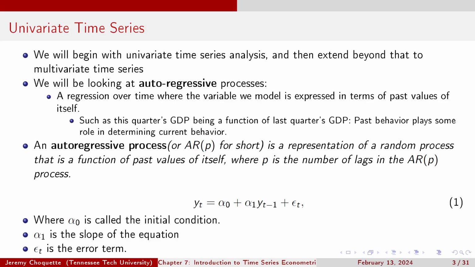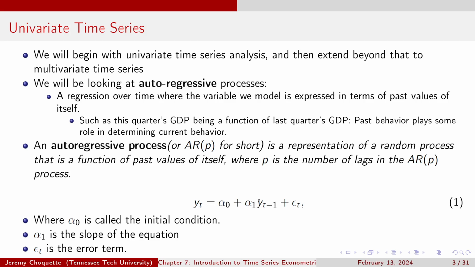Depending on where Y sub t minus 1 was, Y sub t is probably going to be fairly close, plus or minus a little bit of error. And that's what equation 1 is telling me. Today's value for GDP is a function of, we'll get to this a0 in just a second, alpha 1 times Y sub t minus 1. Alpha 1 is just the estimated relationship between last quarter's value of GDP and this quarter's value of GDP.